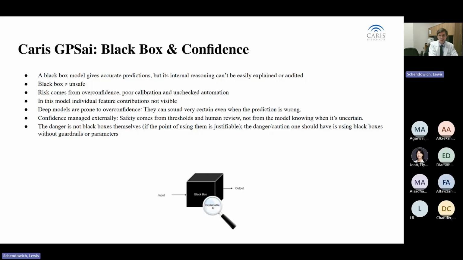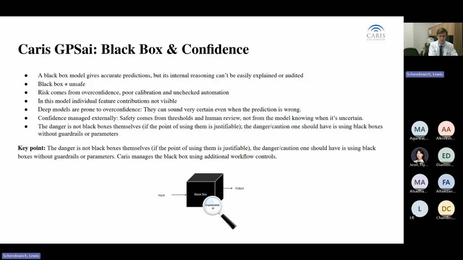It's when you use black boxes without any type of guardrails or parameters. If you just use the model alone without the context, without the guardrails, then you're putting yourself at risk of the model giving you a very confident answer, which may be incorrect. So the key point is that it's not necessarily the black boxes themselves if the point of using them is justifiable. The danger and caution is using a black box without guardrails or parameters.